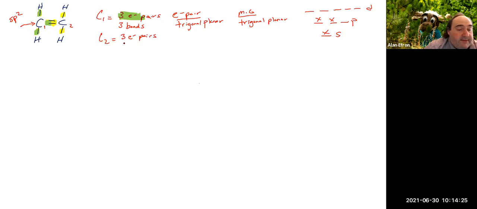It also has 3 bonds, just like carbon number 1. Again, 1, 2, and 3, the yellow guys are also our bonds, treating our double bond in the middle again as a single electron pair and a single bond. Which means for carbon number 2, if we were asked what is the electron pair geometry, it would also be trigonal planar.